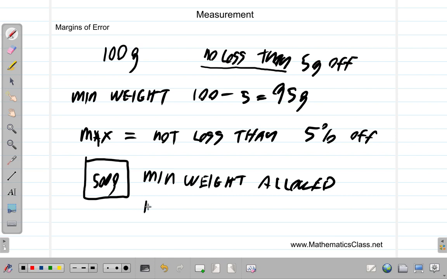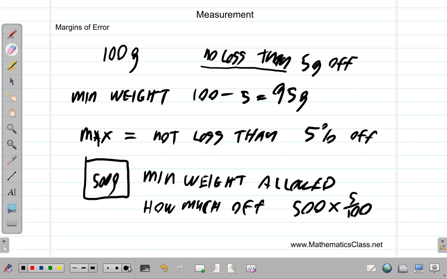Alright? So, how much can you take off that bag? It's going to be 500 multiplied by 5 over 100. In other words, you can take off as much as 5% off 500 grams. You see that?